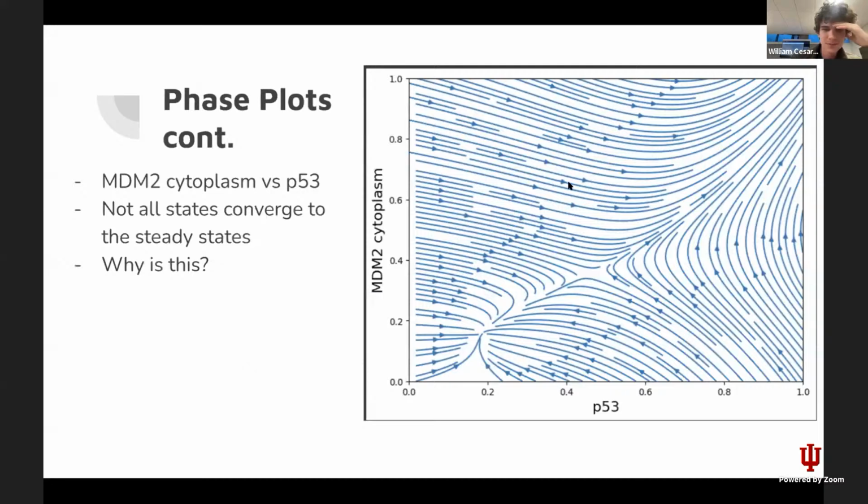And moving on to MDM2 in the cytoplasm and P53 on the x-axis, we see something interesting here. There is the same steady state point here, but now we can see that the arrows diverge and go to infinity if they start at some state value. And this was interesting to me.